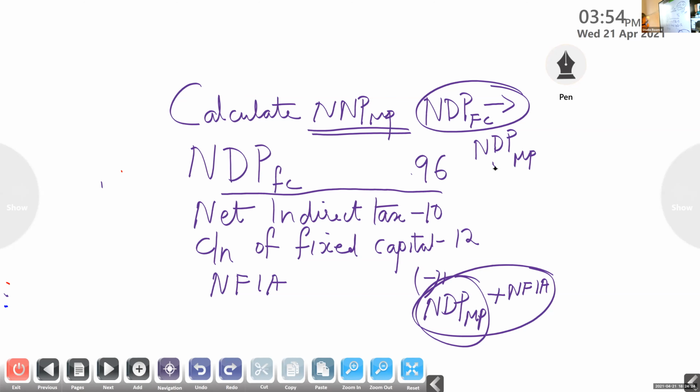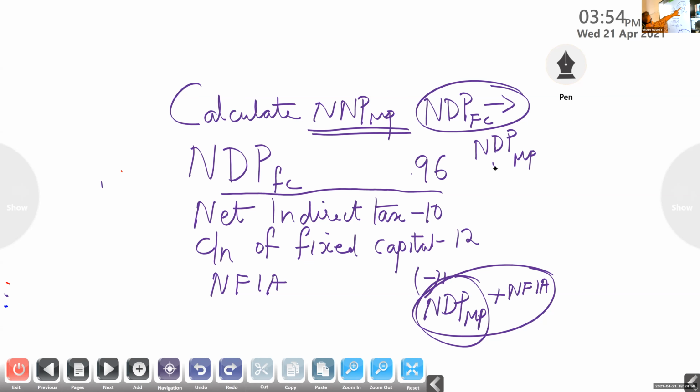That is the difference there. See once more the formula you have written: NDP is the value of all the production units diminished by consumption of fixed capital but undiminished by indirect tax. That means we have included indirect tax. At the same time, in NDP-FC we are reducing the indirect tax.